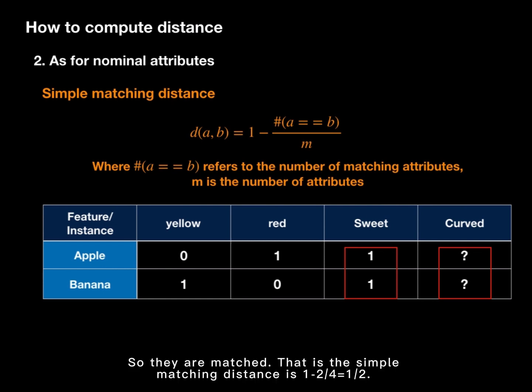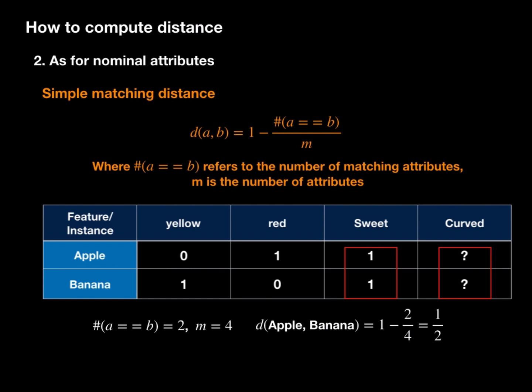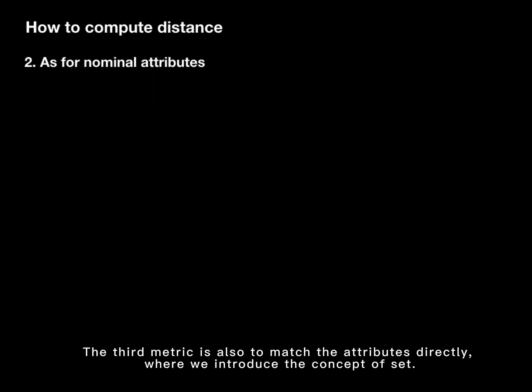So that is, the simple matching distance is 1 minus 2 divided by 4. That is a half.